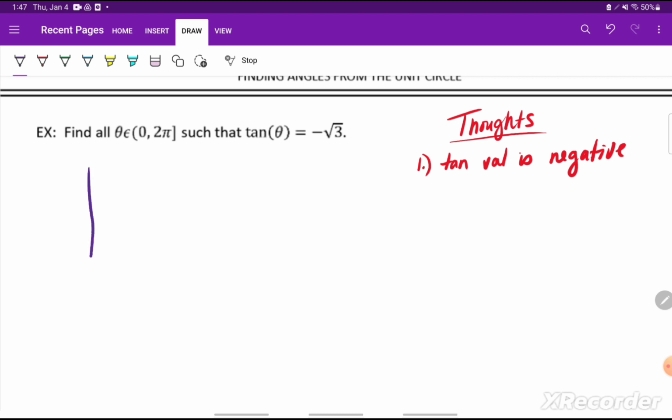So in which quadrants is only one of x or y positive and the other one negative? Well, that happens in two quadrants. It happens in quadrant 2 and it happens in quadrant 4. So I'm going to get two answers here. One in quadrant 2, and then another one in quadrant 4.